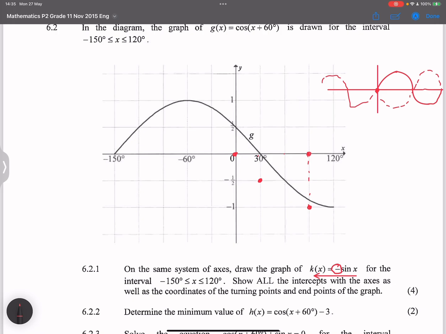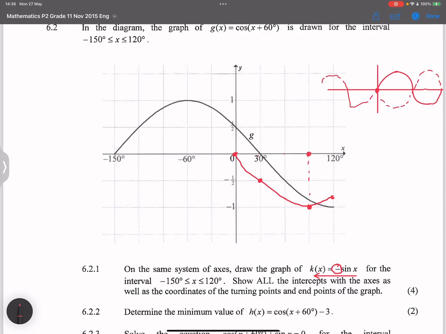Okay, and I know at 60, it's negative root 3 over 2. And it would be negative root 3 over 2 over there. So this is what my graph would look like.